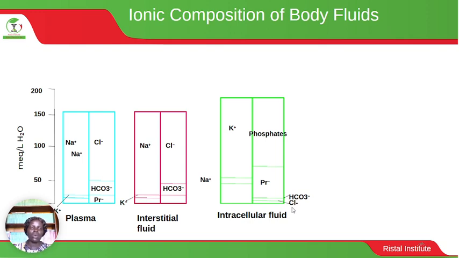In the plasma, we have sodium, chloride, carbonates, and potassium. In the interstitial fluid, the fluid in which the cells are bathed, we have sodium, chloride, carbonates, and potassium. In the intracellular fluid, we have potassium, phosphates, carbonates, chloride, and sodium. That is the ionic composition of body fluids based on their compartments.